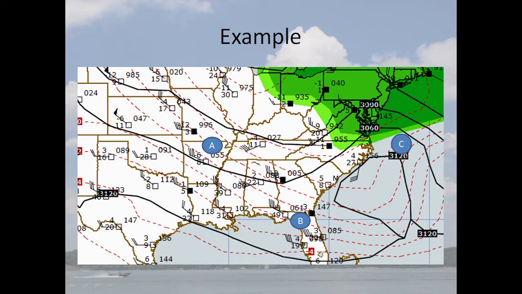Actually, that's an upper level chart, so that would be a contour gradient. And then to the east on C, you have a tighter contour gradient and a tight thermal gradient, so you have the most warm air advection there because the temperatures are increasing as you go south.